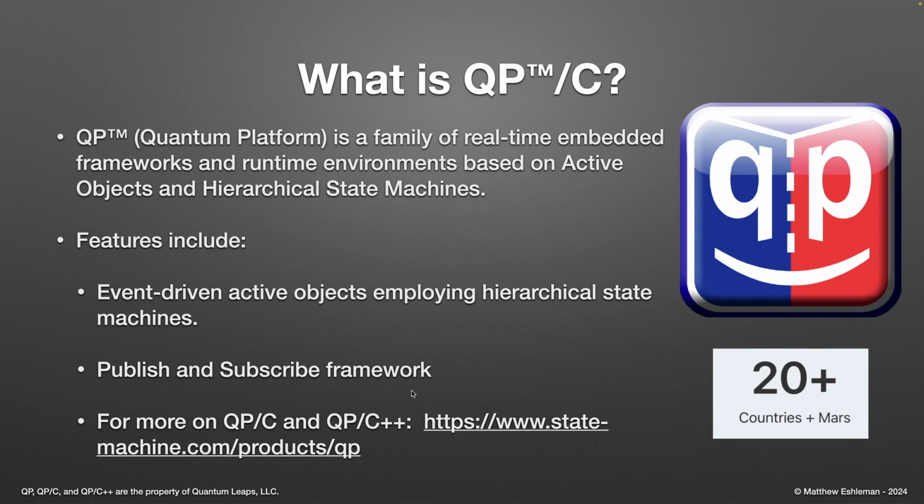So, and also if you're coming to this for the first time and you've never used the QP environment, just to give you a quick idea of what QP brings to the table, it brings a whole lot of things, but the two things I want to talk about today that we're going to see during the unit testing portion of this video is event-driven active objects. And what is that?